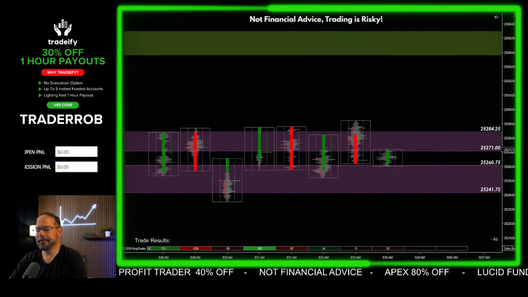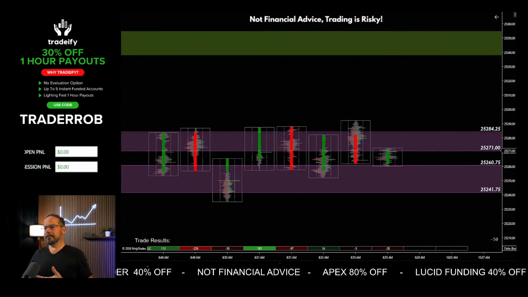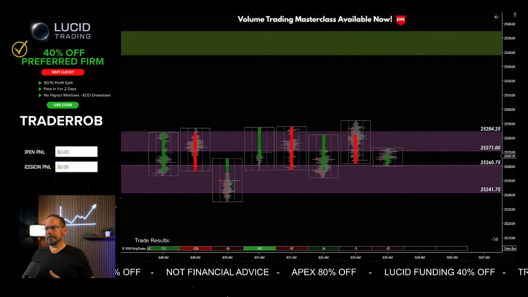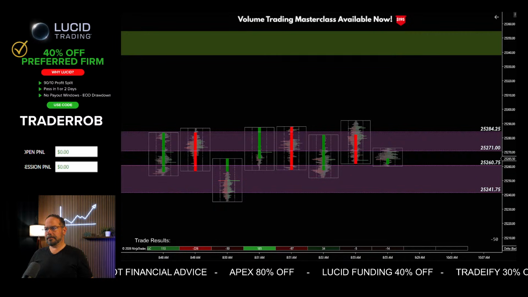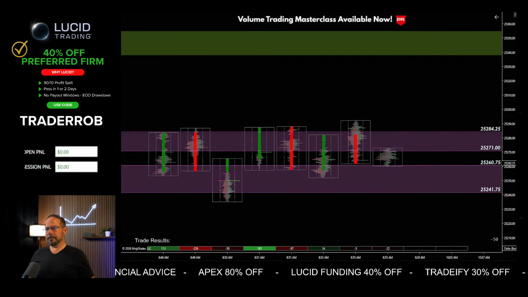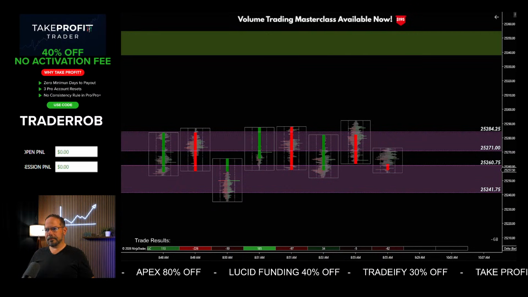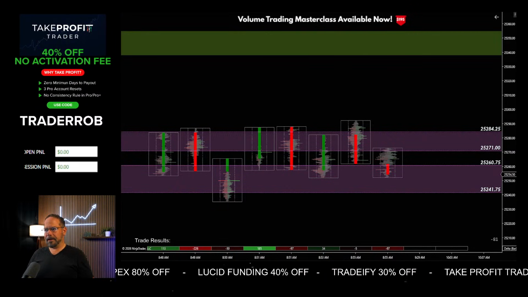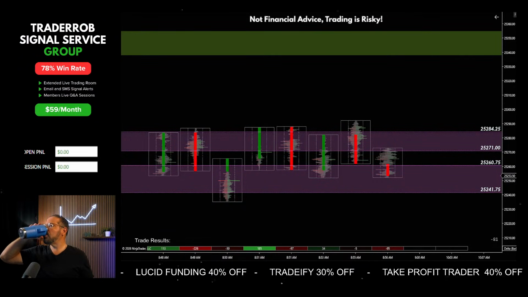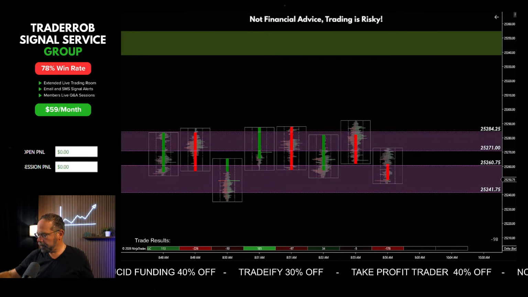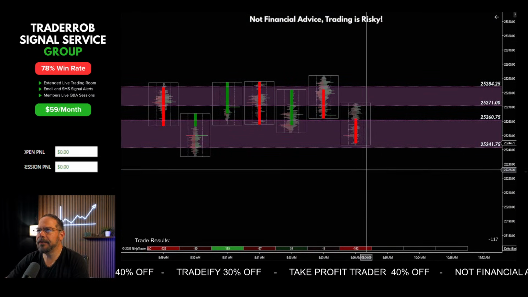Not much to do right here. I'd rather see a little bit of an expansion out of these bands right now, or just wait for the market to expand a little bit.